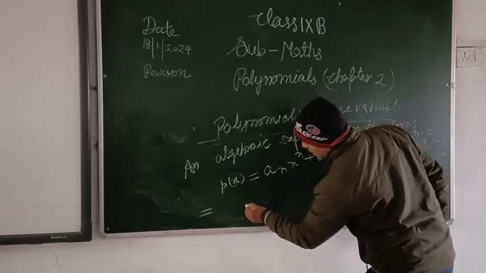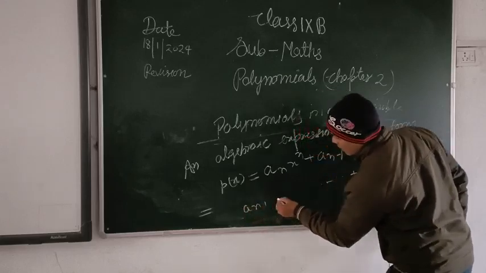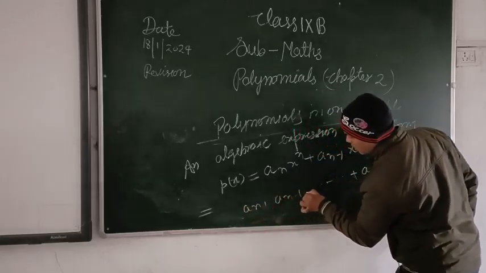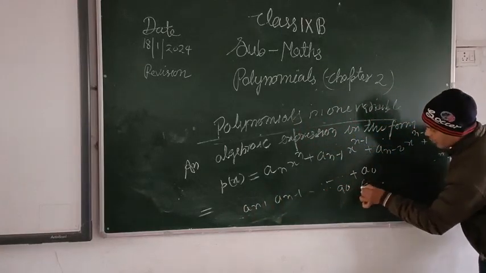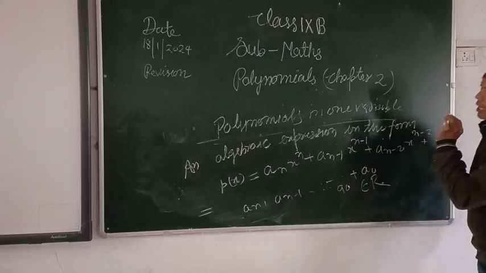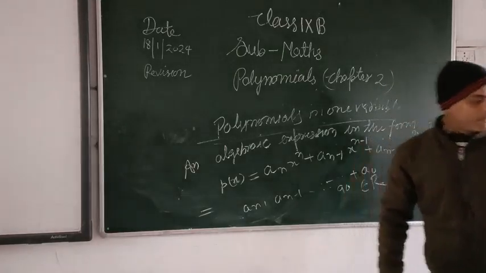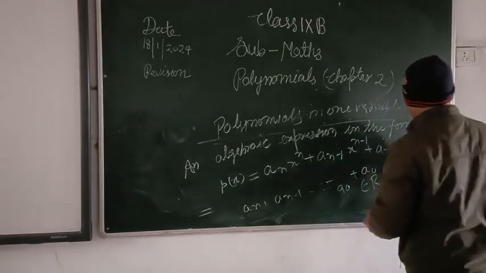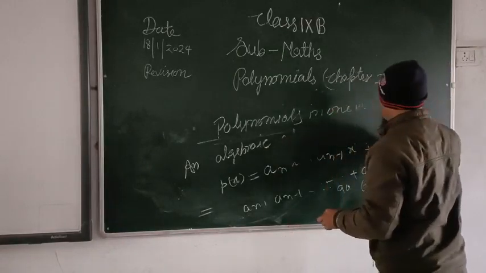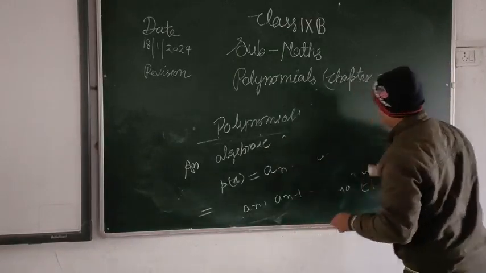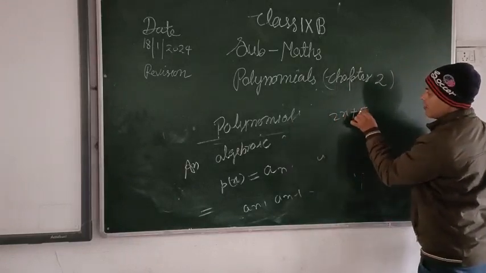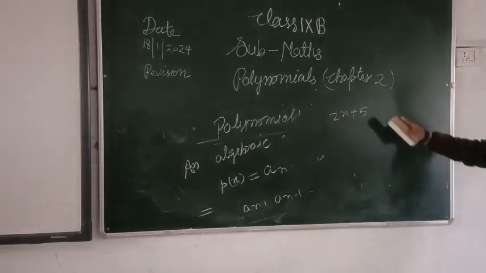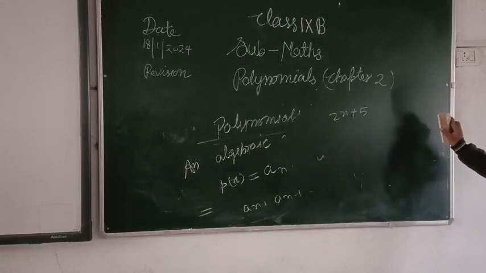Here we can say that an, an minus 1, dot, a0 is element of real number. What is element of real number? We can say that if we write 2x plus 5, then it is linear equation in one variable.